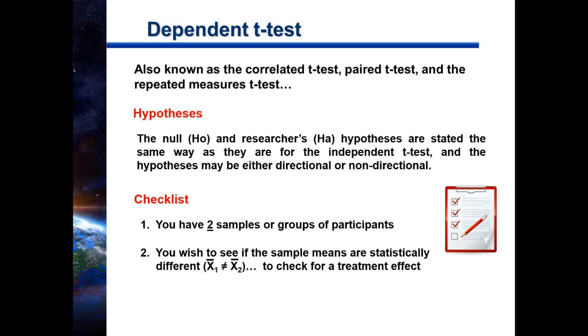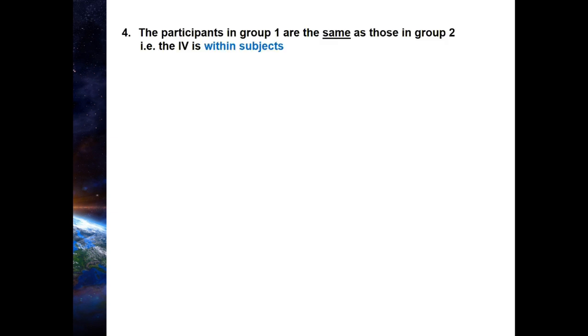So you want to know, is X bar 1 significantly different from X bar 2? Is there a treatment effect? So far, this is identical to the independent t-test. Number 3, you are not looking for what? Say it. The R word. You are not looking for the R word between scores.